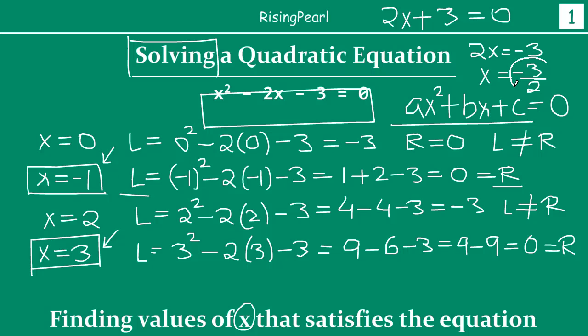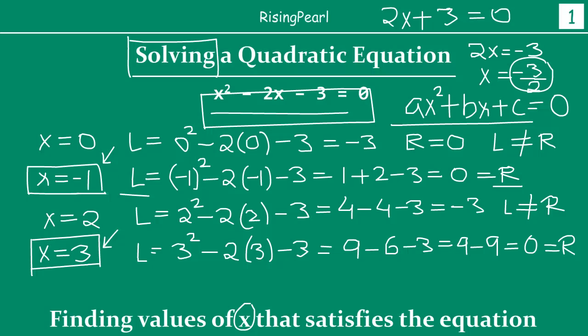Then we know that if you put this value minus 3 by 2 in here, the left hand side will be equal to the right hand side. That means this value satisfies this equation. Similarly, it's exactly the same for a quadratic equation. When somebody says solving a quadratic equation, all it means is we are trying to find the value of the variable x that satisfies our given equation.